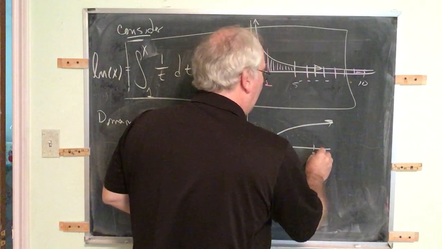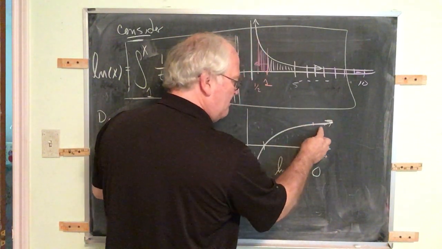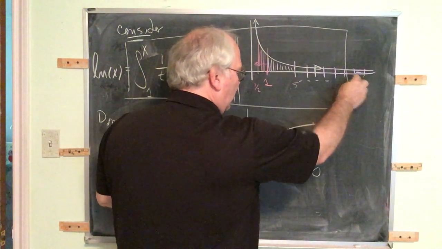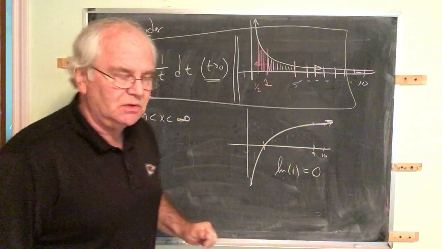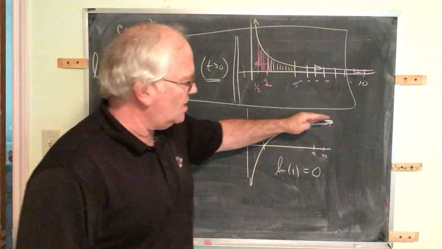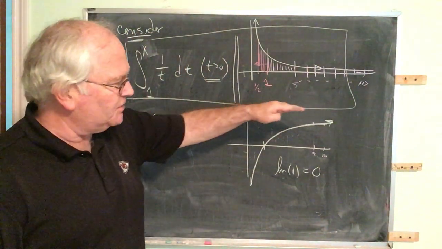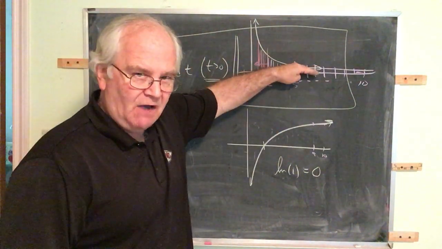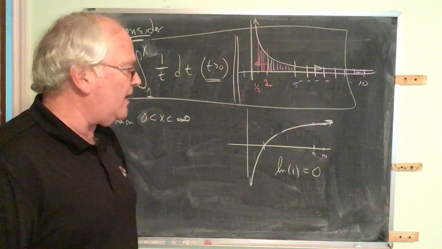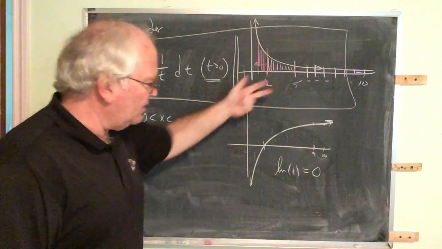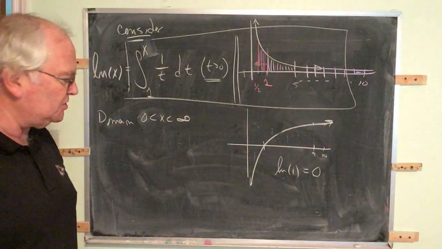So if we go, here's 9 and here's 10, yes, it is a slight increase, but not by very much, because you're not getting more. In fact, the further out you go, the less area you begin to accrue. And so that's why the further out you go, this curve gets more and more shallow. However, it never levels off because no matter how far out you go, you do accrue a slight bit more area. And so the very graph of the natural log function comes from this very definition.